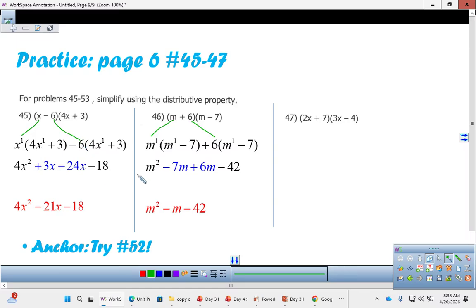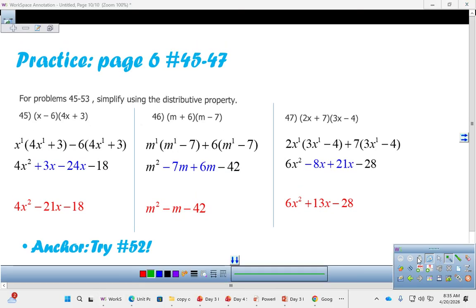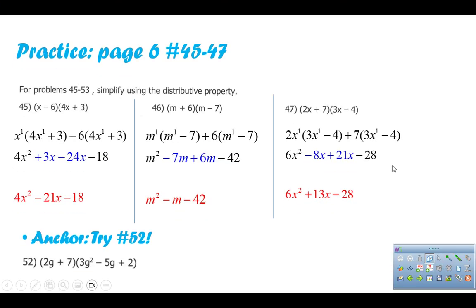I'm splitting up that first binomial and then I'm repeating the second one. I'll distribute and then I'll combine like terms. And then the last one, I split up the 2x and the 7, and then when I combine like terms, I get 6x squared plus 13x minus 28.